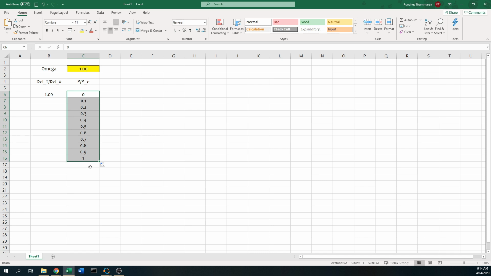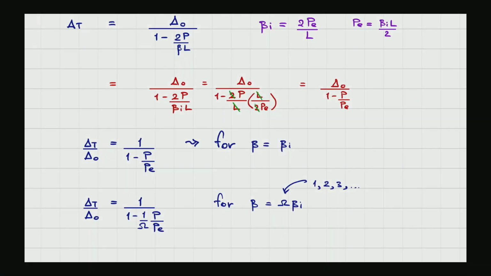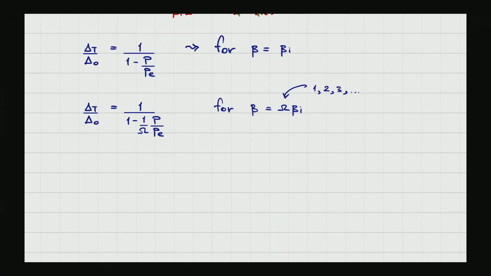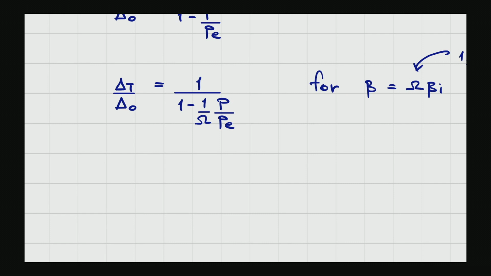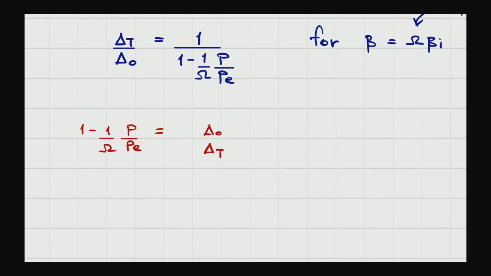Or should we just do it the other way around? I think it is sort of counterintuitive here. If we switch it the other way around, to write P over PE in terms of the delta, what do we have? It's going to be delta naught over delta t equals 1 minus 1 over omega P over PE, like this. Just move it up, take that down, and then you want the P over PE only.